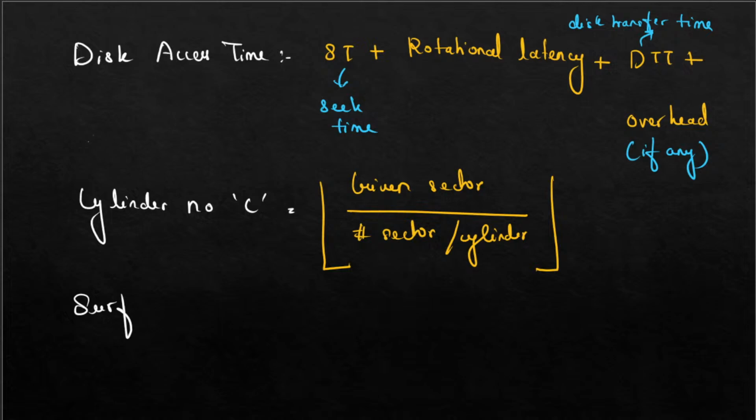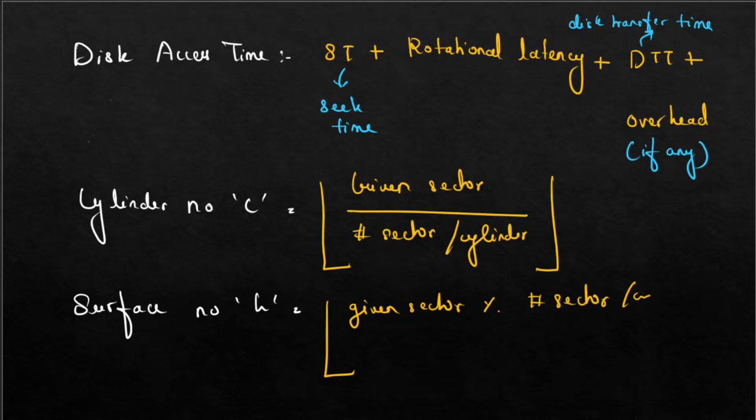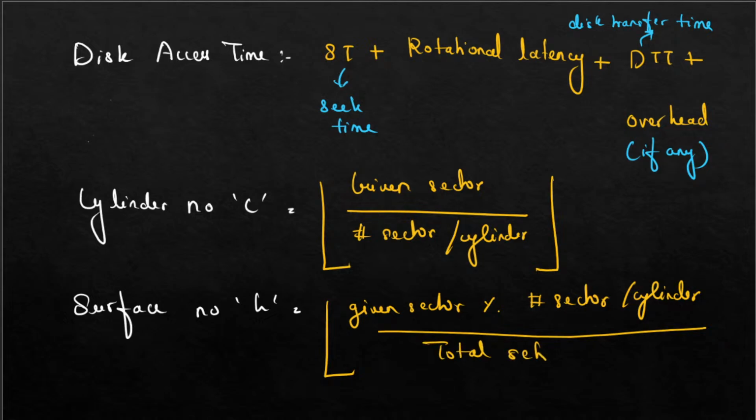So surface number, it is equals to given sector by number of sector per cylinder, it is total sector per track. Okay.